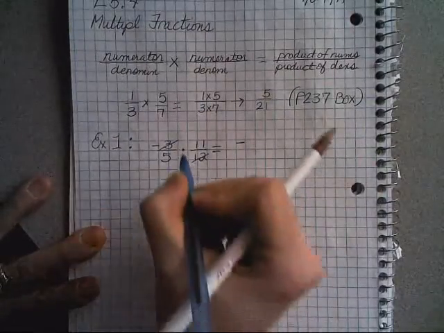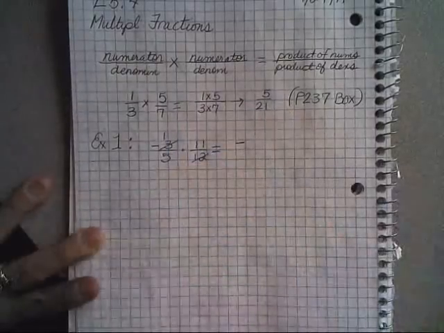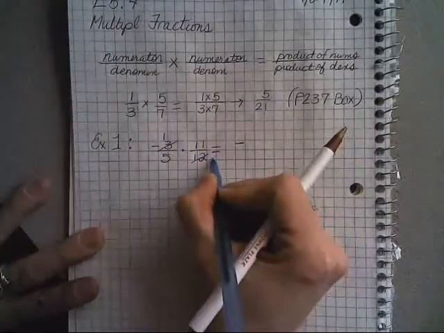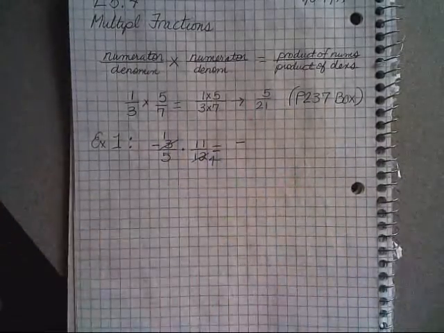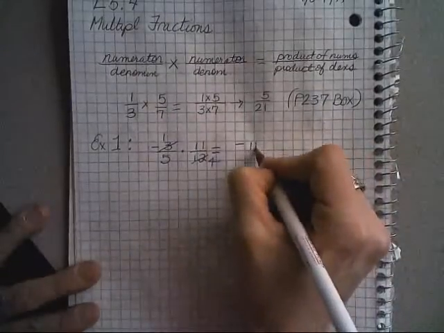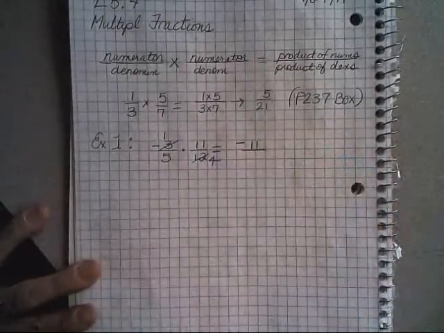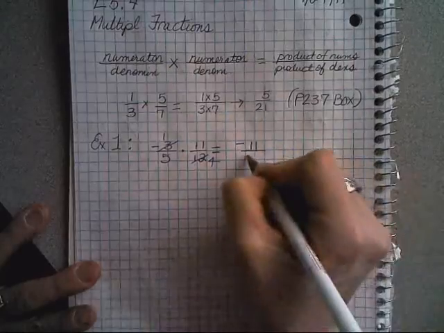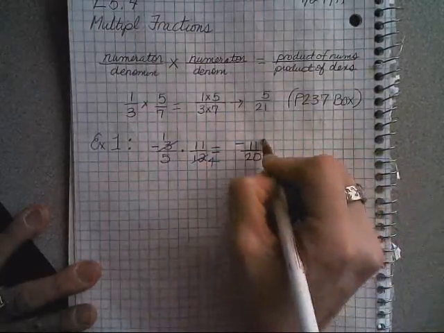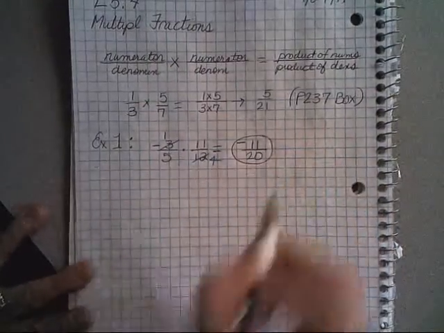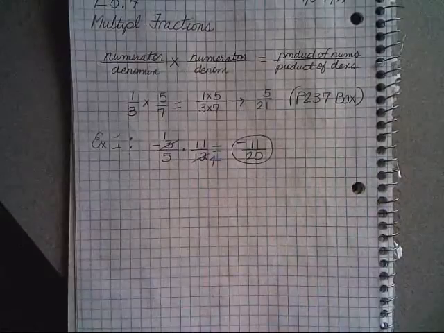So 3 divided by 3 is 1. 12 divided by 3 is 4. Now my numerator is the product of 1 and 11. My denominator is the product of 5 and 4. I already accounted for the negative, so there's my answer. Easy peasy, right?